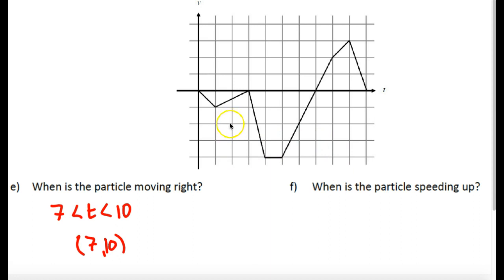So if we think about that idea, velocity is negative all the way down here. Well, acceleration is the slope of velocity. It's velocity's derivative. So what I want to look at on the graph is where the acceleration, where the slope, is negative, and the velocity is negative. So that would actually occur on this entire interval from 0 to 1.